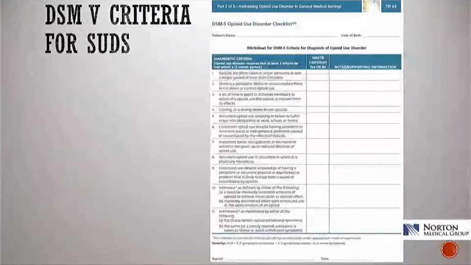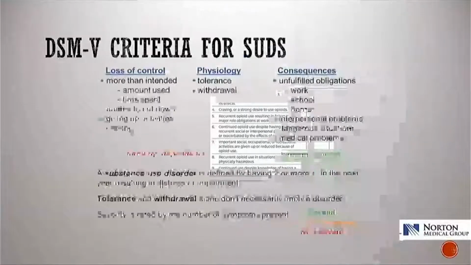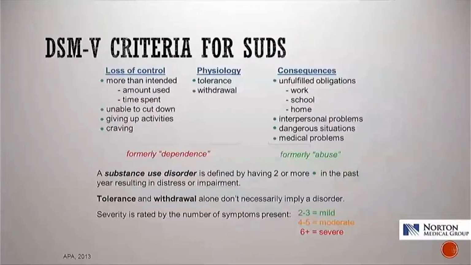And it's all these questions. It's the exact same questions. It just changes based on the substance. So with that, you are able to identify it's a mild cocaine use disorder because they've met 2 out of the 11 criteria. It's a severe opioid use disorder because they've met six or more, et cetera. So this helps us get very specific in terms of the severity of their use disorder and the specifics of that.